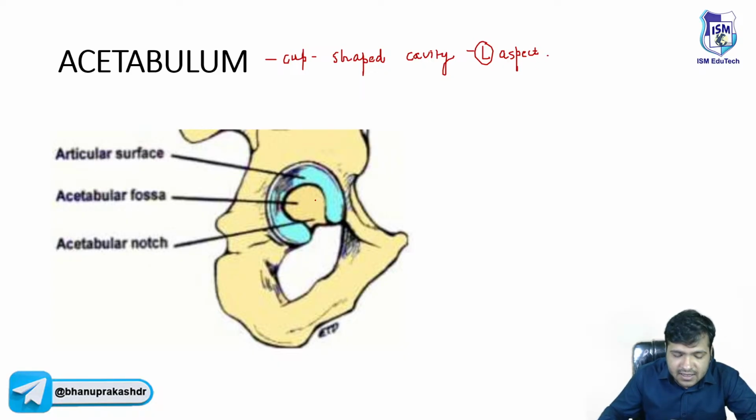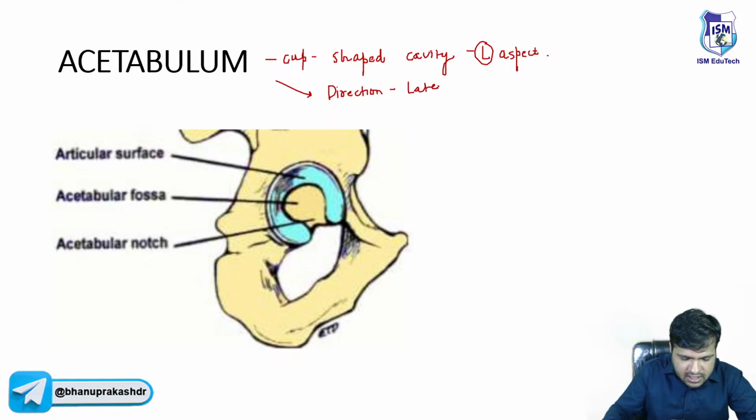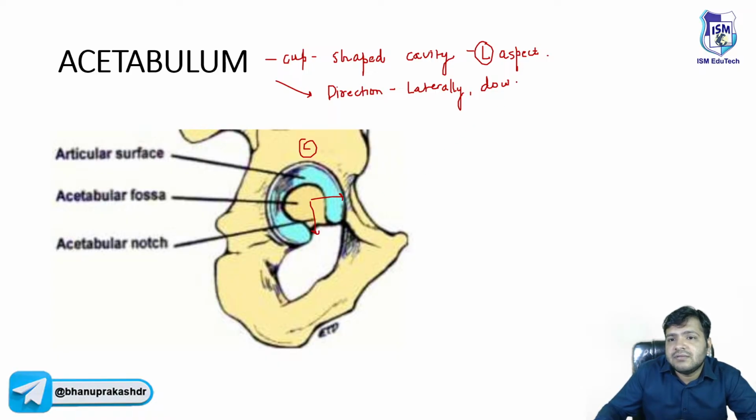What is the direction, beta? As for the direction of the acetabulum, it is directed laterally, downwards and forwards. It is on the lateral side, it is toward the bottom and it is toward the front.